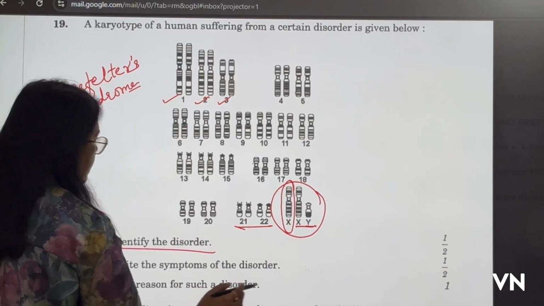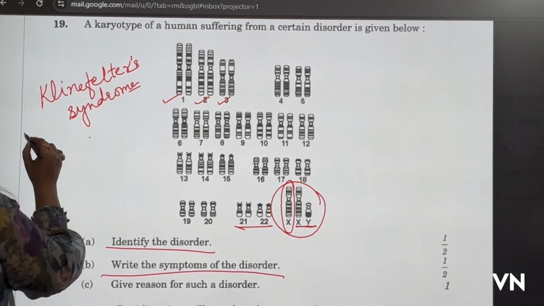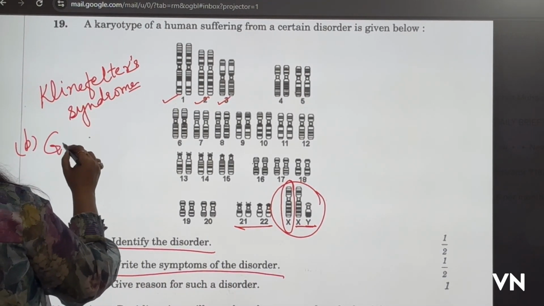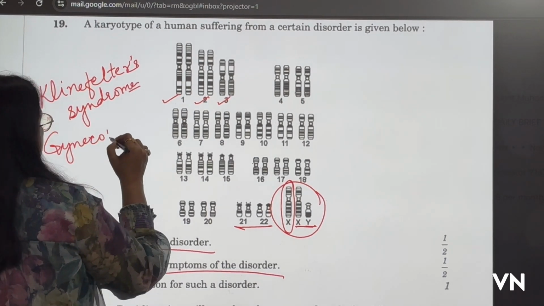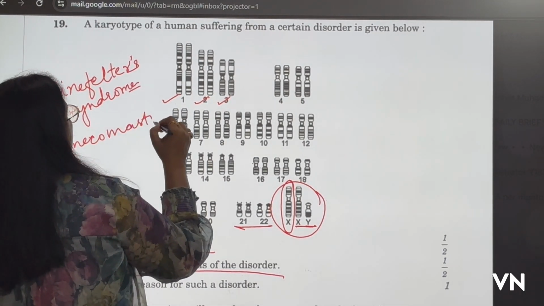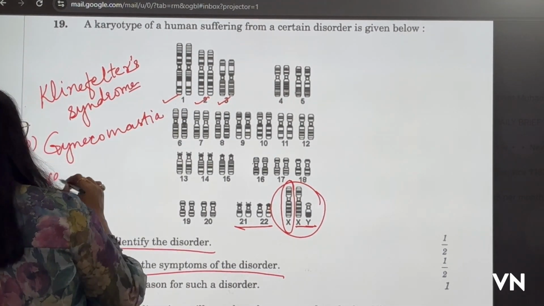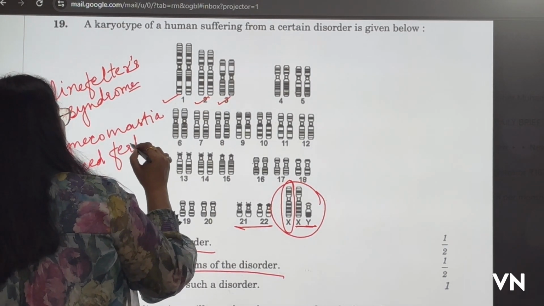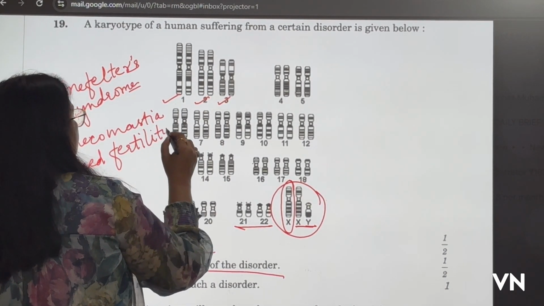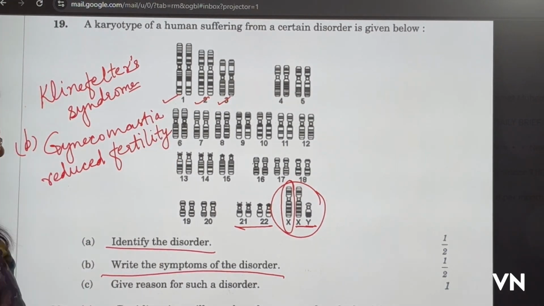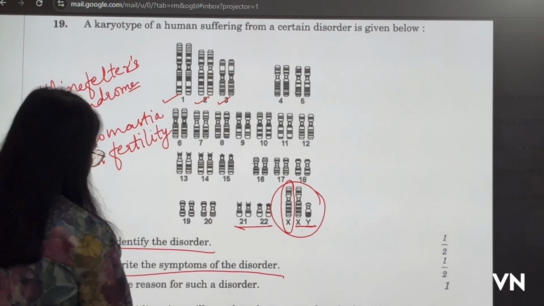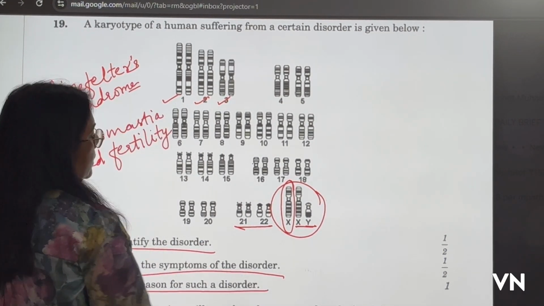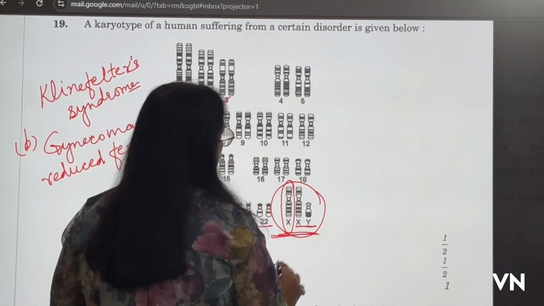Give reason, write the symptoms of this disorder. So what are the symptoms? Gynecomastia, reduced fertility. Only one symptom is to be given because it carries only half mass. And give the reason for such a disorder. So what is the reason?